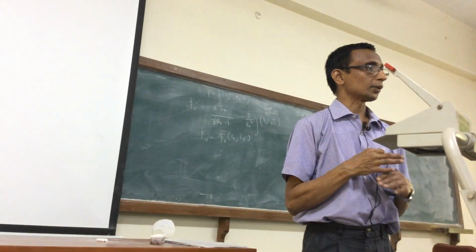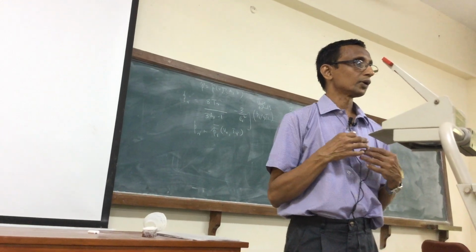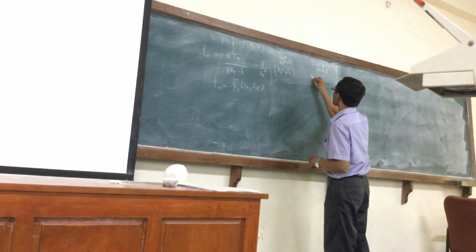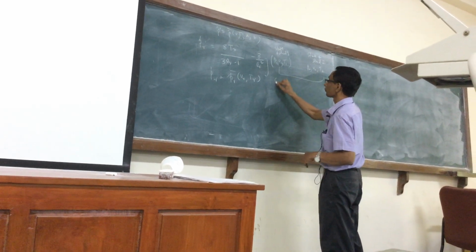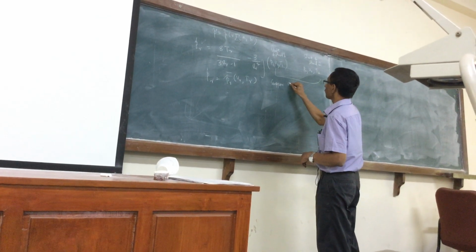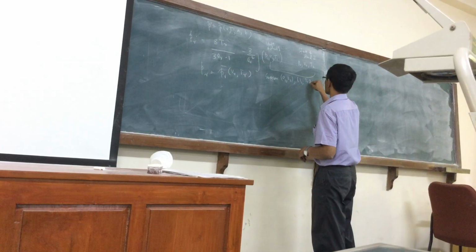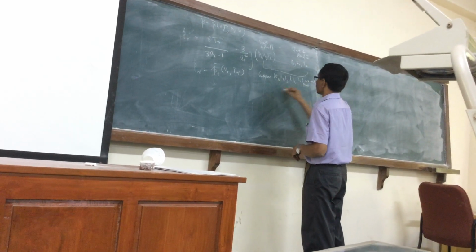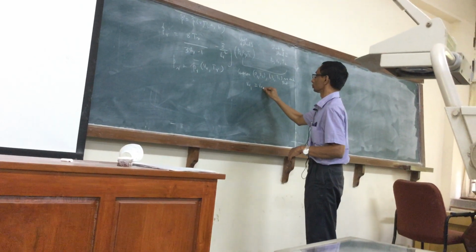We'll assume that P1 is not equal to P2, V1 is not equal to V2, T1 is not equal to T2. However, suppose V1, V2 and T1, T2 are such that VR1 is equal to VR2.